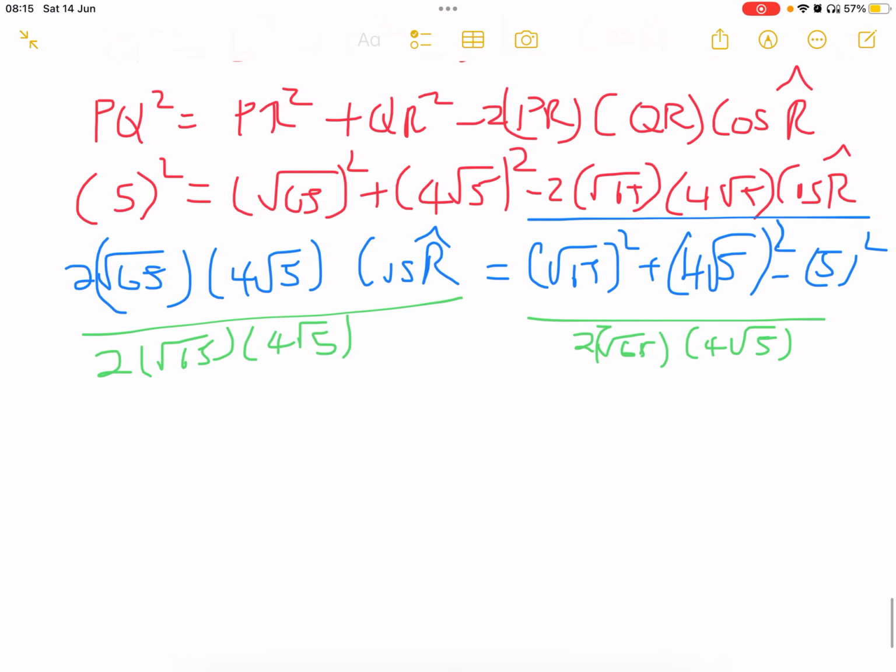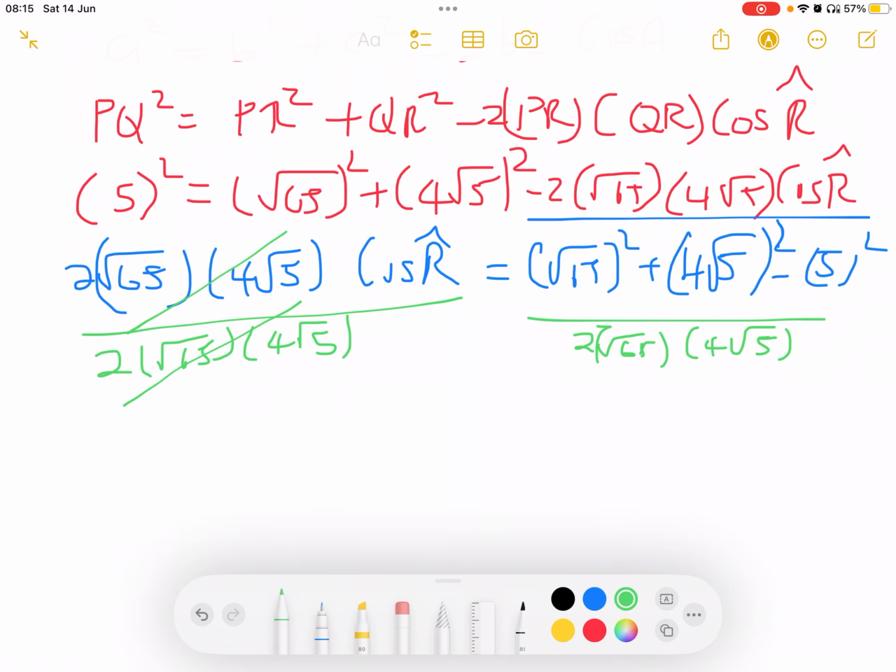Then now we'll be left with cos of angle R. You punch this in a calculator, the whole fraction on the right hand side. You're going to get 3 root 13 over 13.